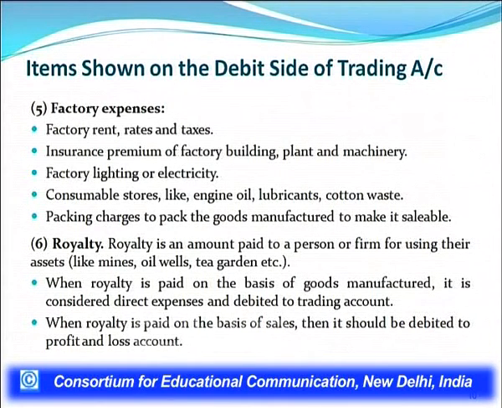It depends upon the agreement with the firm. When the royalty is paid on the basis of goods manufactured, it is considered a direct expense and debited to the trading account. When royalty is paid on the basis of sales, it should be debited to the profit and loss account, because it is considered an indirect expense.